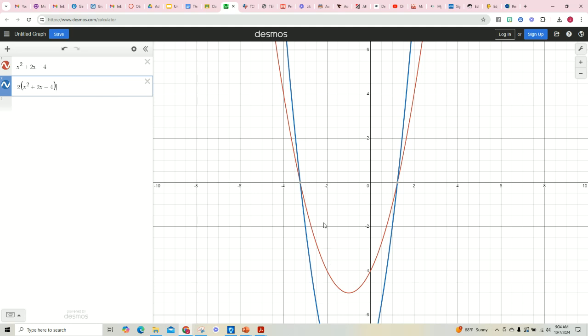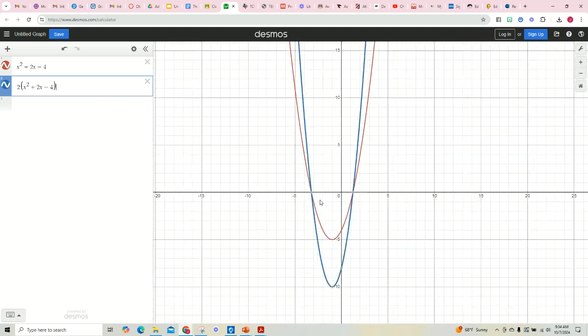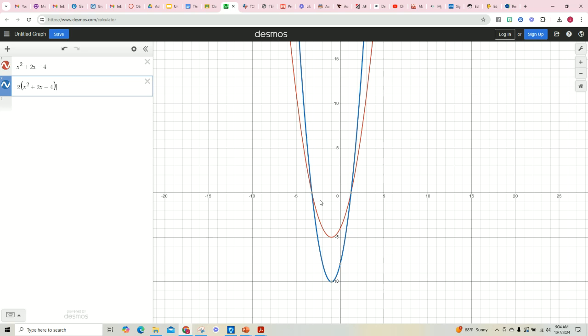It stretches it vertically. The red is the original, the blue is the new. See how it gets skinnier? It's stretching it this way.